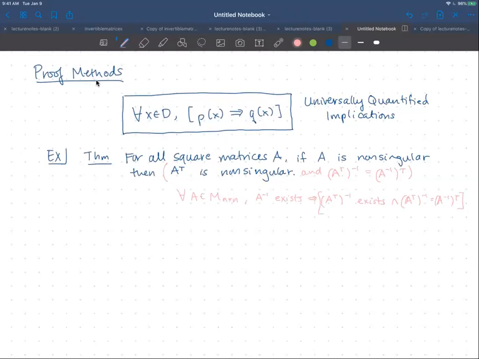Right? And the point of all this logic stuff is, I think we probably wrote down a proof, or there's a proof in the book. And how do we know that it actually does the job in showing that this statement is a true statement? So let's think a little bit about how we would prove this thing.